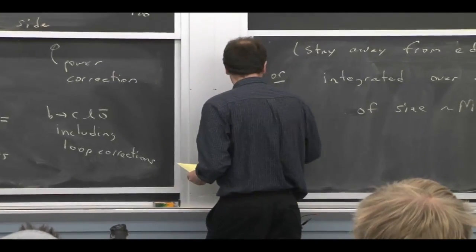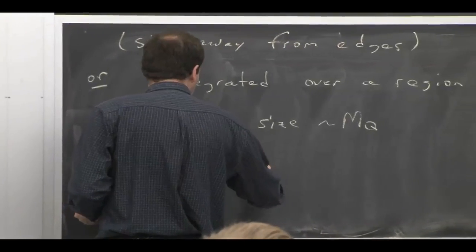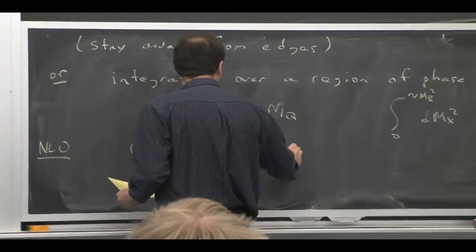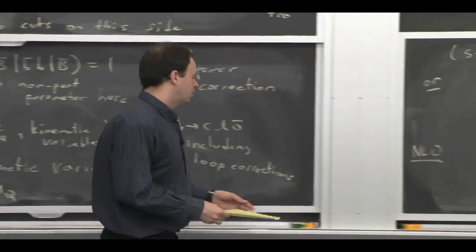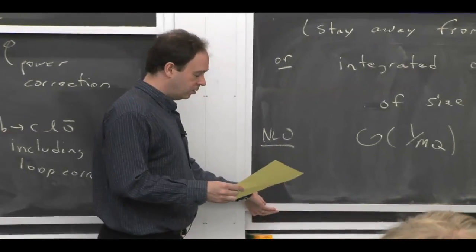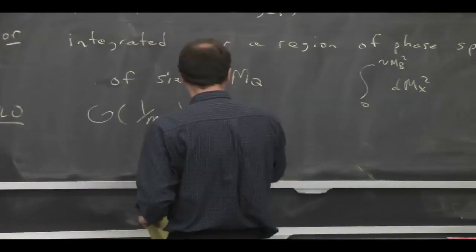OK, so I already said that there's a non-trivial fact happening at NLO. Well, I already implied that there's no 1 over MB corrections. And so that's an important outcome from this result. If you want to derive this, you need the effective theory.